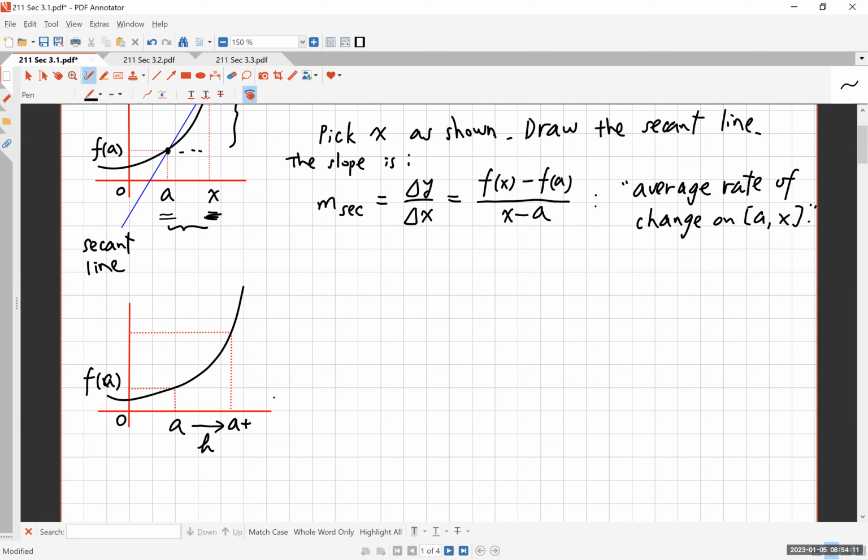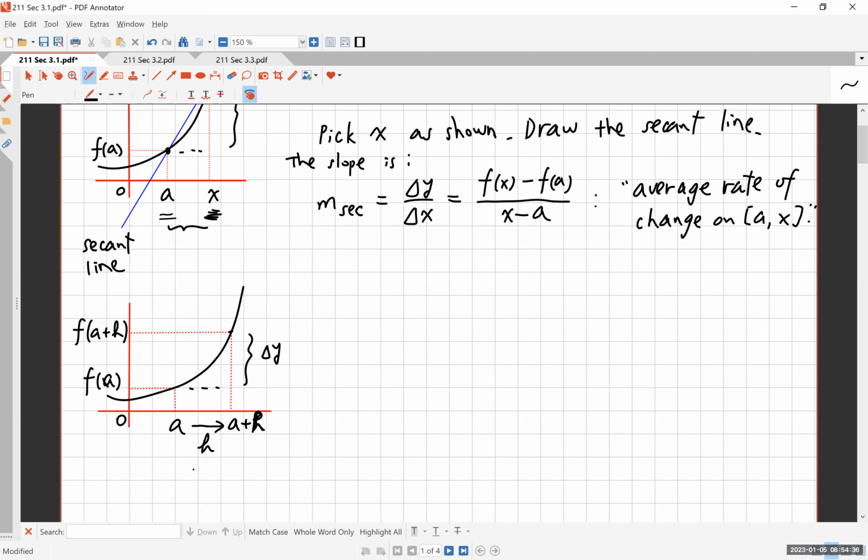So the point I used to call x can just be described as a plus h, okay? So h stands for the difference in the x coordinates. And then this here would be f of a plus h, not surprisingly, right? That's the y value. And so the difference, of course, is delta y.